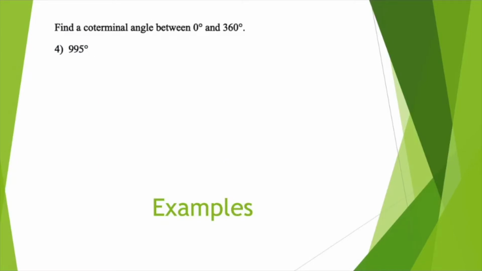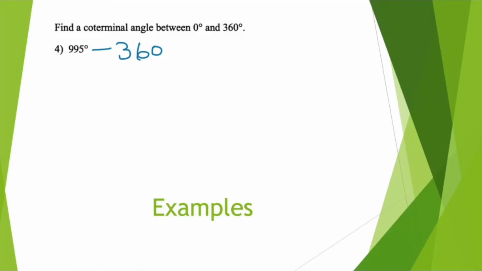Let's find some coterminal angles between 0 and 360 for the 995. Notice that this is huge. This is way over 360. So I'm going to subtract 360 multiple times. I might have to do this two or so times to get down to an answer between 0 and 360.